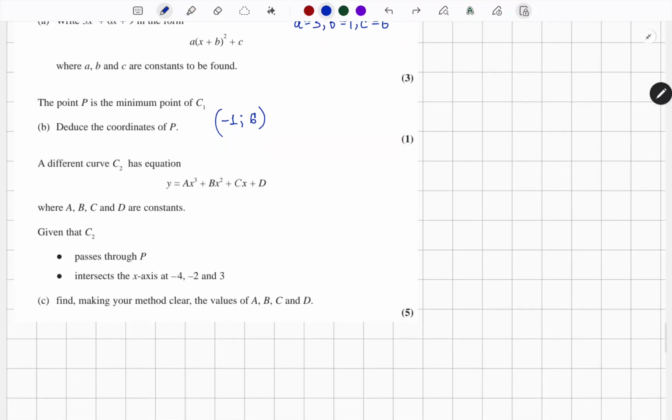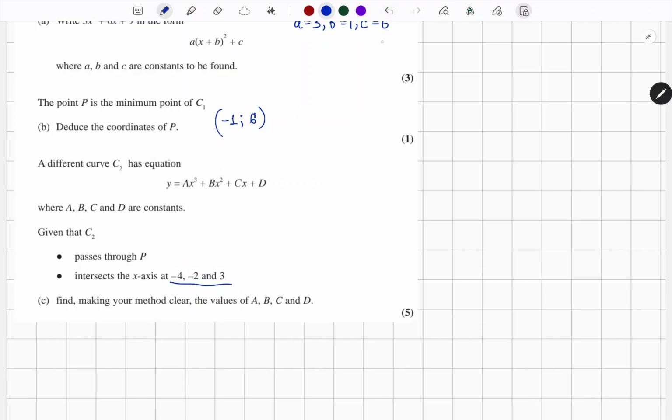So let's move on. A different curve C2 has equation y equals a cubic polynomial, where a, b, c and d are constants. Given that C2 passes through P, the point we found in part B, and also intersects the x-axis at -4, -2, and 3, these numbers are roots of the cubic polynomial.